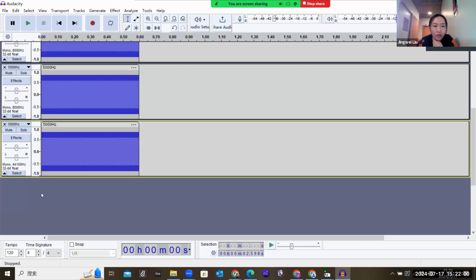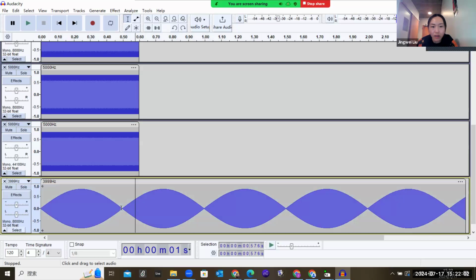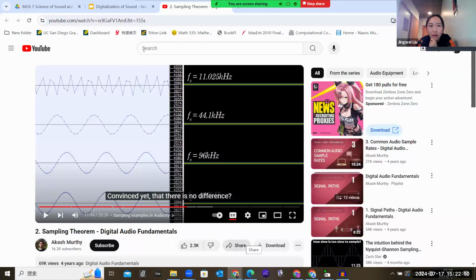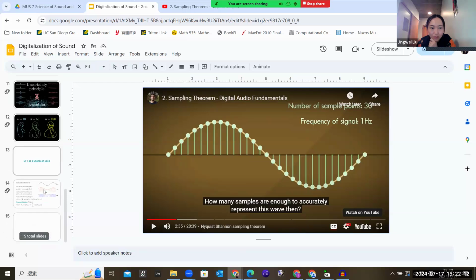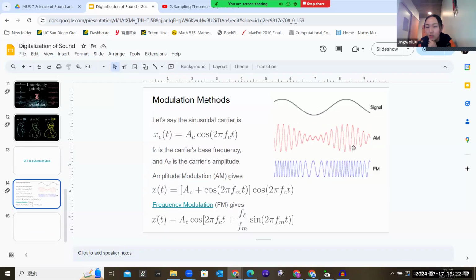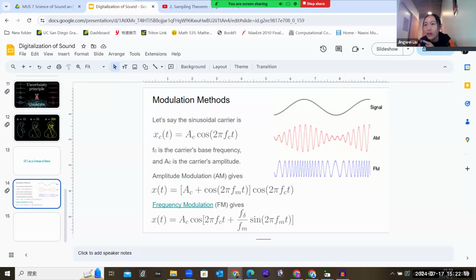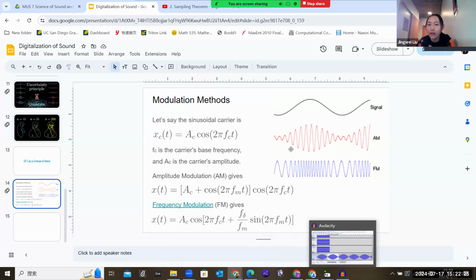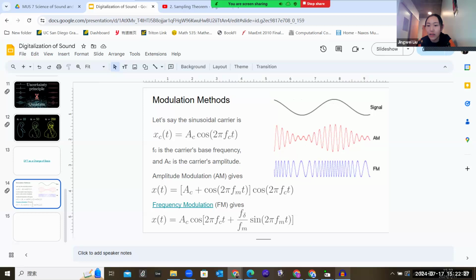Actually, what you just saw here is amplitude modulation. If you remember what we talked about in our last class, when we talk about modulation, this is amplitude modulation. It's the same shape. We will continue with this video, and the author will explain why this amplitude modulation is presented here.